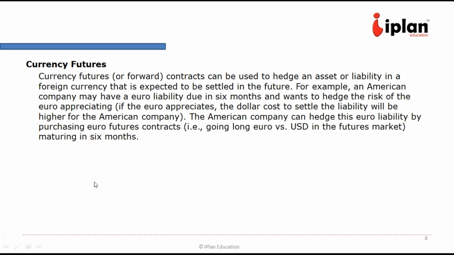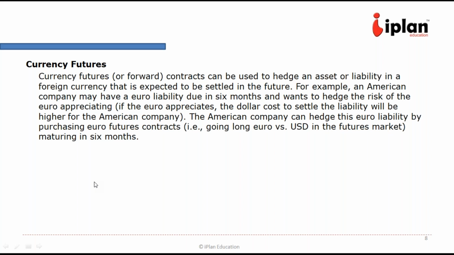The other way is that you can go on the exchange and hedge your position by getting into a currency future. A currency future contract can be used to hedge an asset or liability in a foreign currency that is expected to be settled in the future. Here is an example: an American company may have a euro liability due in 6 months and wants to hedge the risk of euro appreciation.